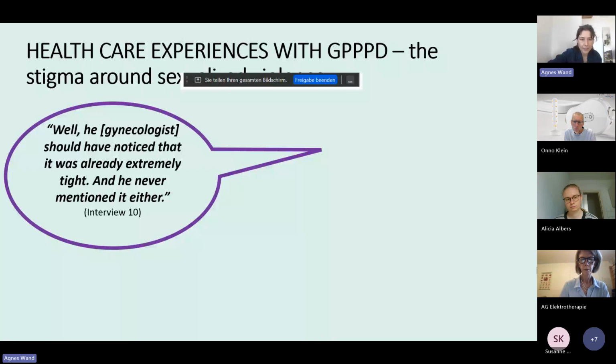In this quote, the person shows that in the gynecology examination, the problem was not being looked at, and the interviewed person had the notion that this could be connected with sexualized violence, and the medical provider did not want to open this big box, and therefore preferred not to mention at all if something is painful or wrong in the vaginal area.